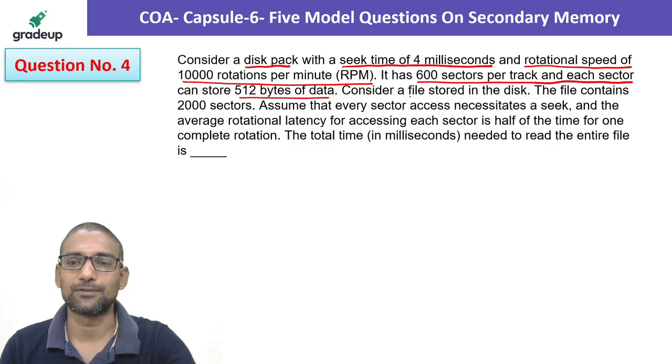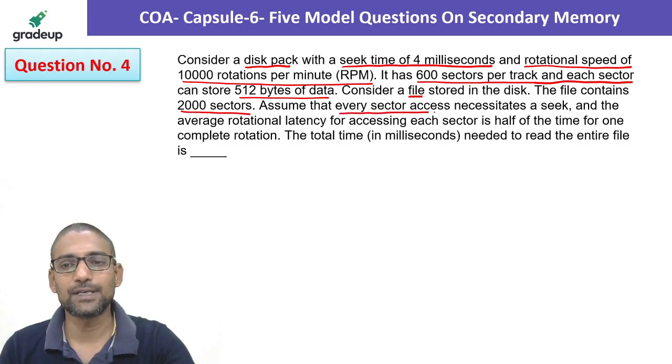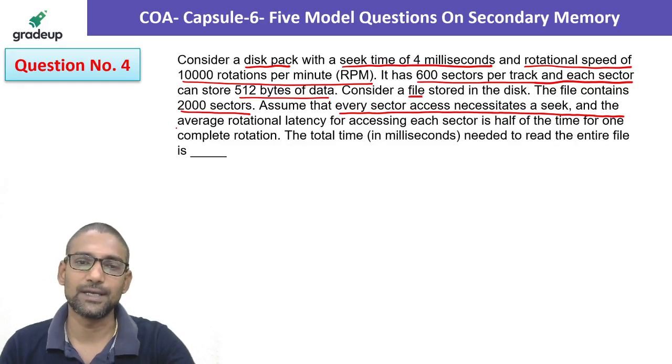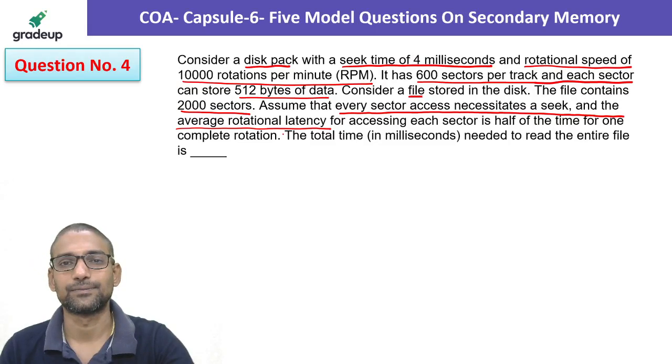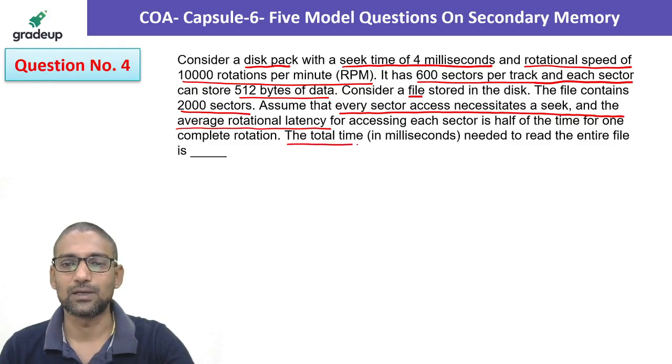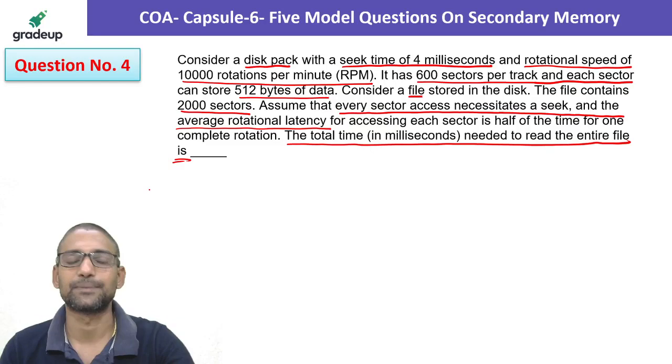Consider the file stored in the disk which contains 2000 sectors. Assume every sector access requires seek and average rotational latency. What is average rotational latency? We know, half rotation time. Then the total time needed to read the entire file is.